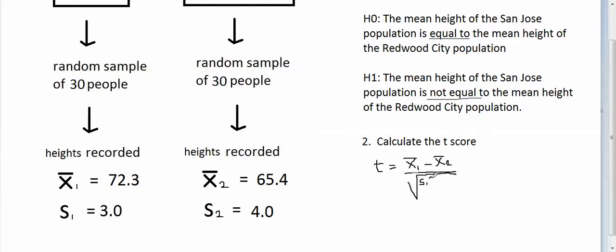You actually have to square the standard deviation. This is N1, the size of sample 1, the first sample size. This is S2, standard deviation of sample 2.